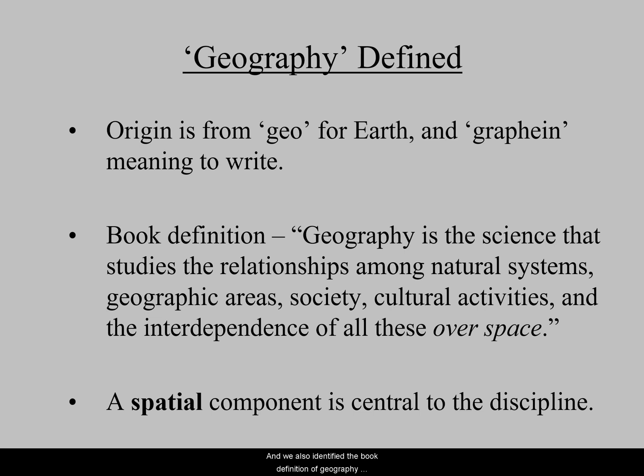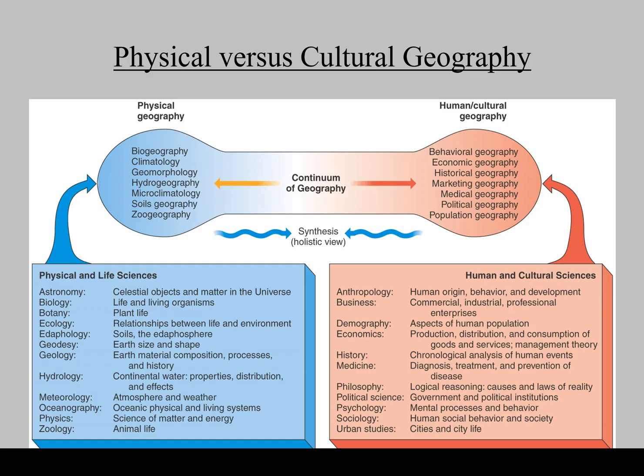And we also identified the book definition of geography, and that it's a science that studies the relationship among the natural systems. And it focuses on geographic areas, it focuses on society, cultural activities, and the fact that everything's interdisciplinary and there's an interdependence of all of these over space. So we know that there is a spatial component to the discipline of geography.